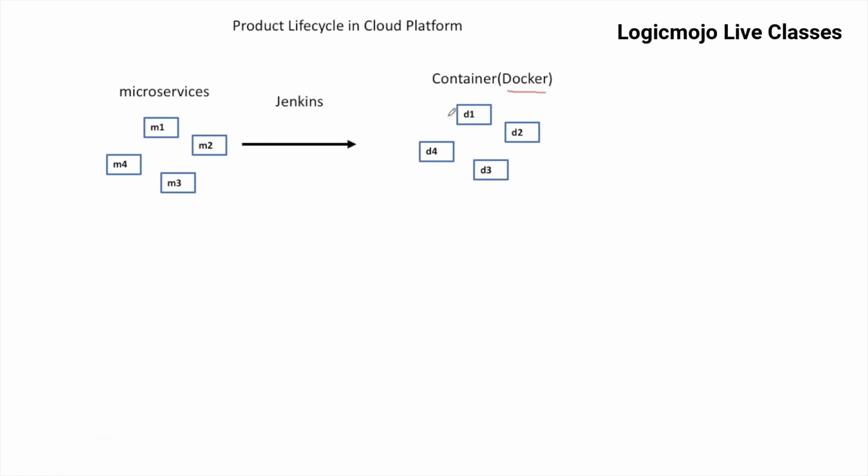From the application we call the docker build command, which is one instruction of Docker, and this instruction will create a Docker image. And then we call the docker run command, and that will start these containers. So docker build and docker run are the most important instructions to start a container of a particular application.